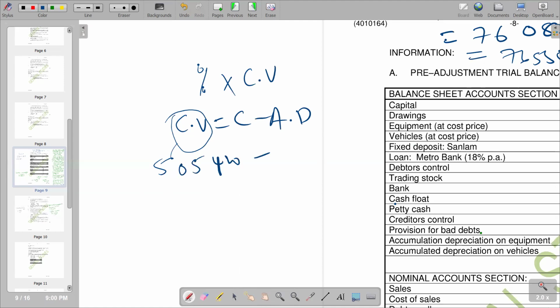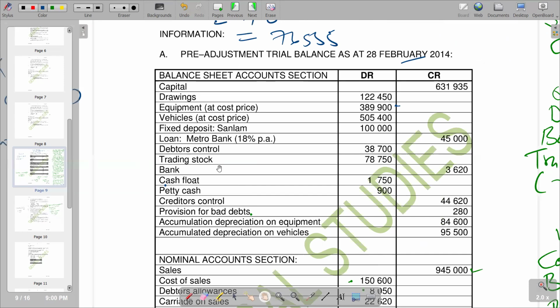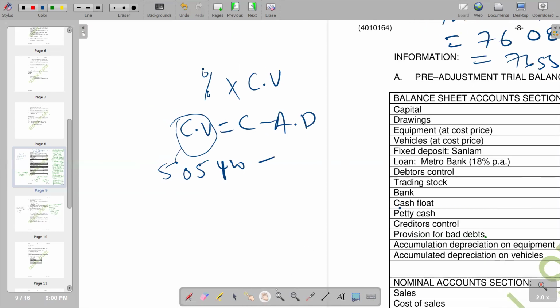Then you subtract the accumulated depreciation. So check again the figure for accumulated depreciation of vehicles, which is 95,500. Then 505,400 minus 95,500, and you are going to get 409,900.